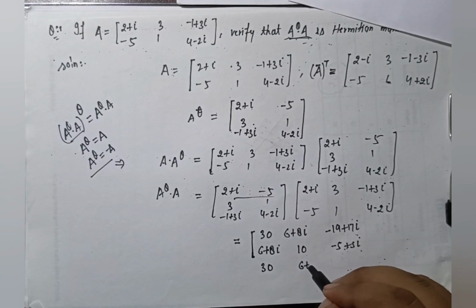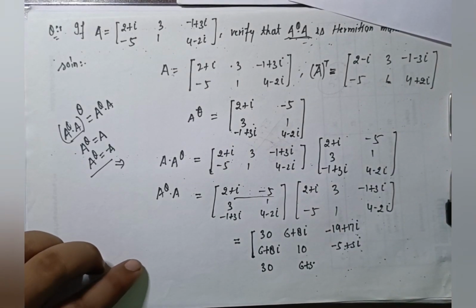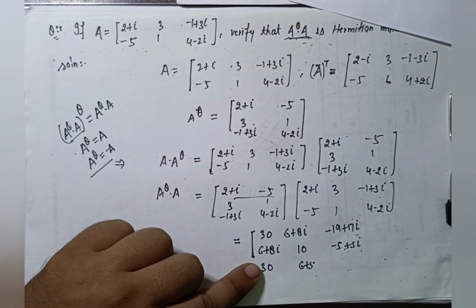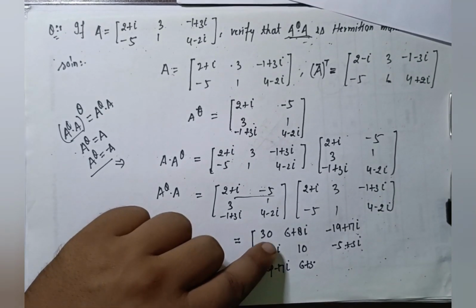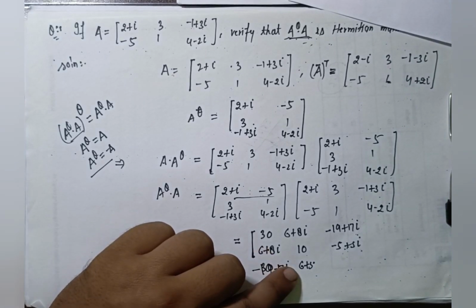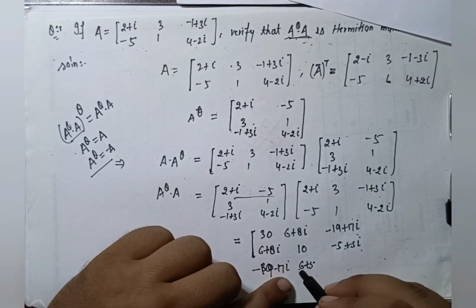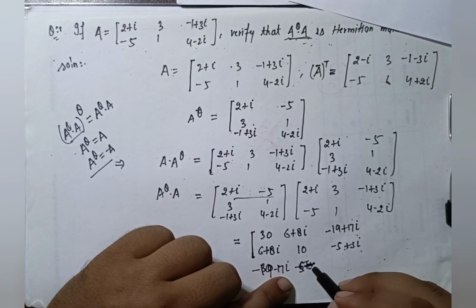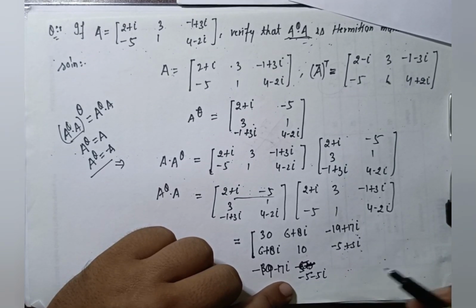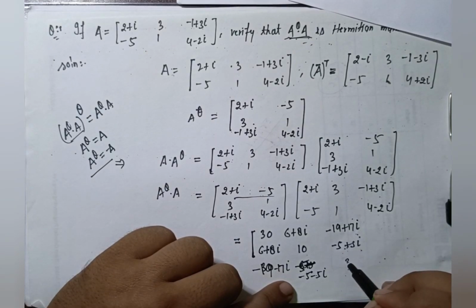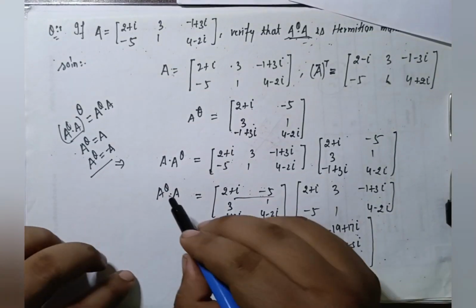Let me complete it. 36 plus 8 iota, and minus 19 minus 17 iota, then 6 minus 8 iota, 10, and minus 5 minus 5 iota, minus 19 plus 7 iota, minus 5 plus 5 iota, and then 30. Okay, so this is A theta into A.